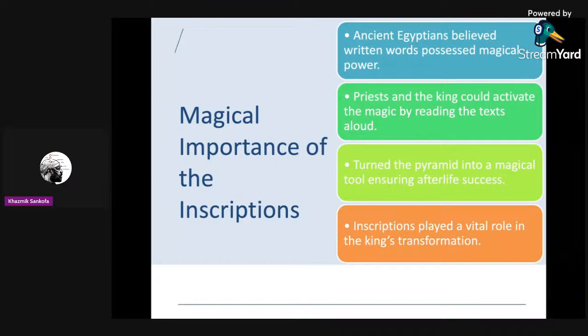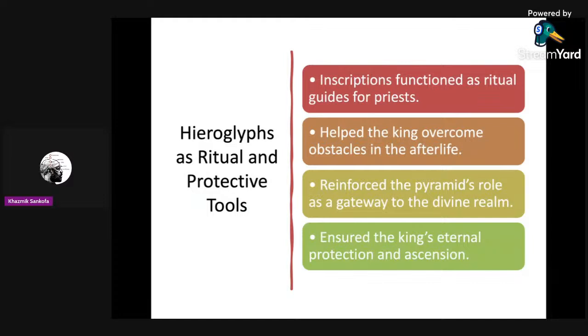We can see this, and it even made its way into diasporic African philosophy. I'm not going to get into that, but maybe another time, another build. So inscriptions functioned as ritual.